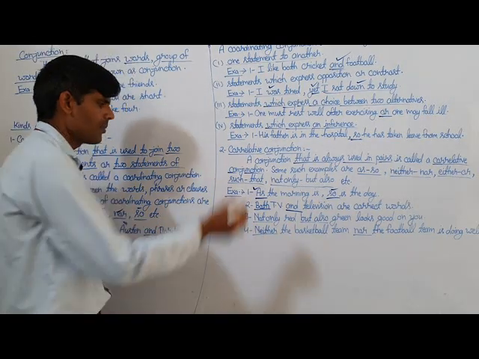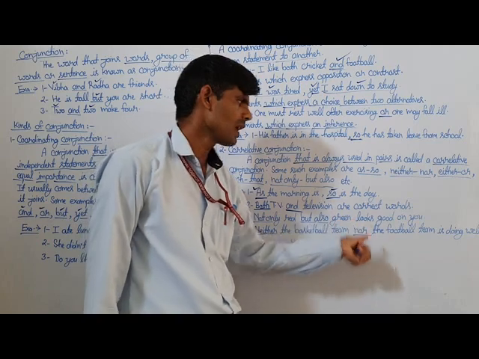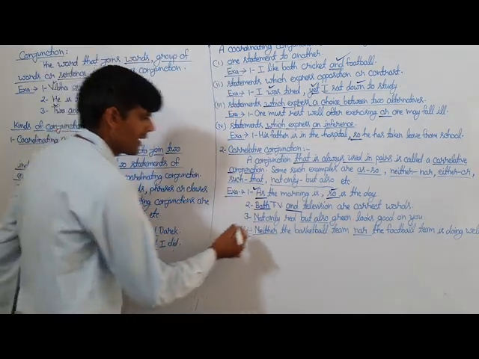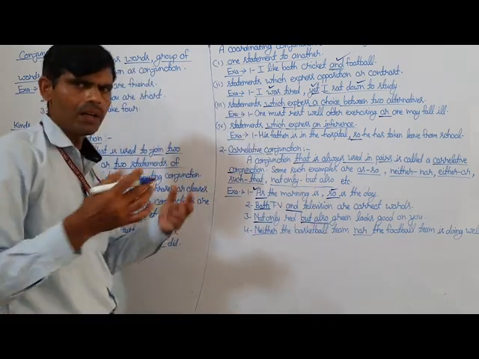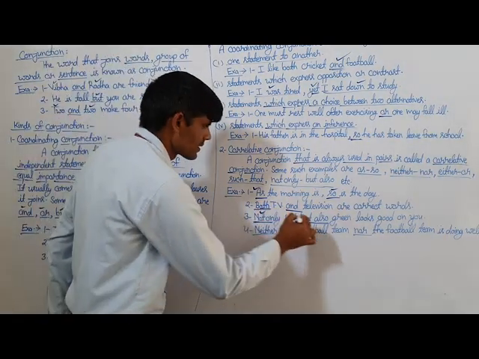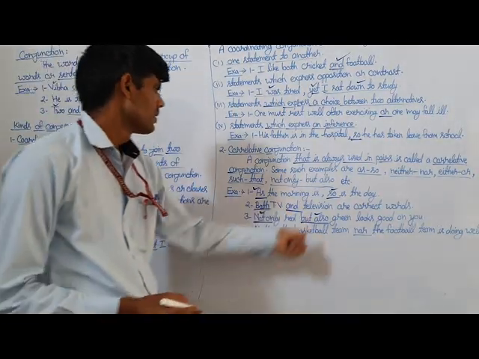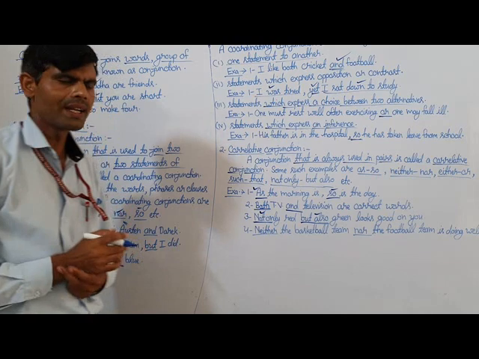Here is the third example, and that is: not only red but also green looks good on you. Here in the third sentence, not only and but also is a correlative conjunction because it is used in pairs. So this is also counted as a correlative conjunction.